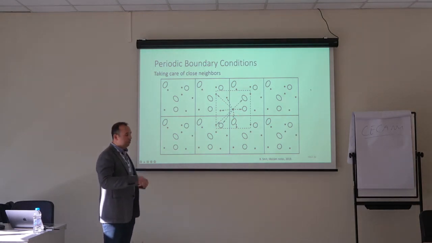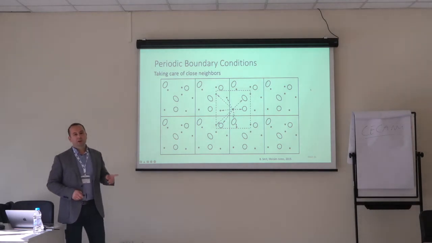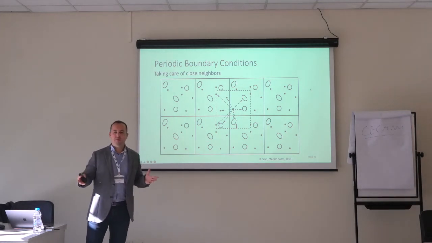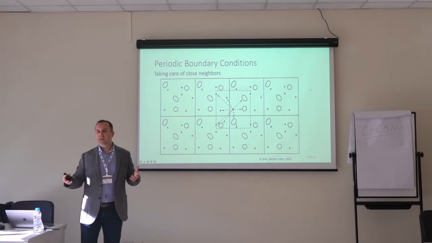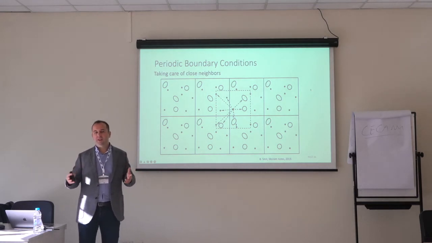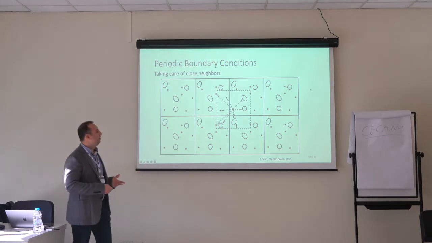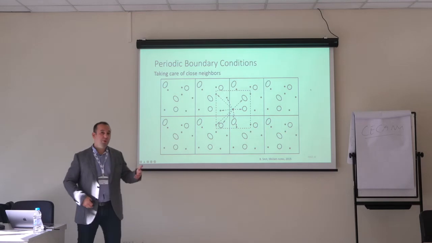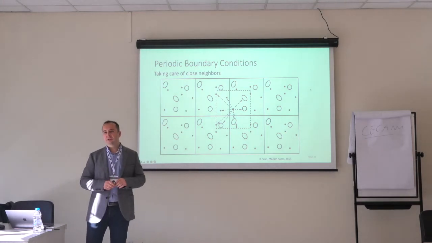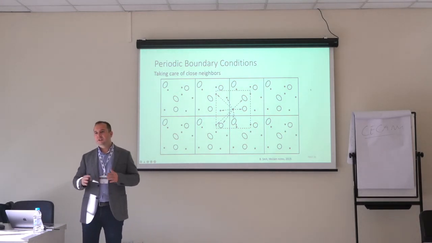Plus, I already told you that you have a replica system of interest, such that statistically your system represents what you would like to achieve. And then most of the time you employ periodic boundary conditions, which means that your system is replicated in all dimensions.